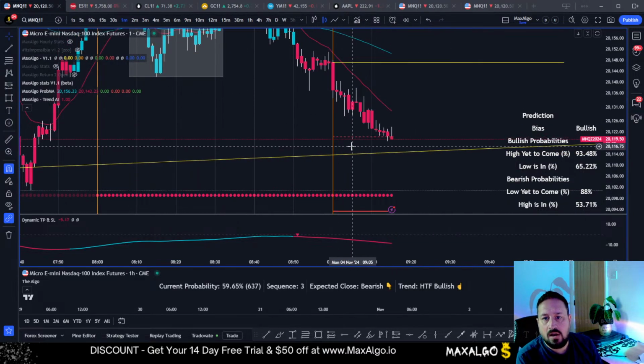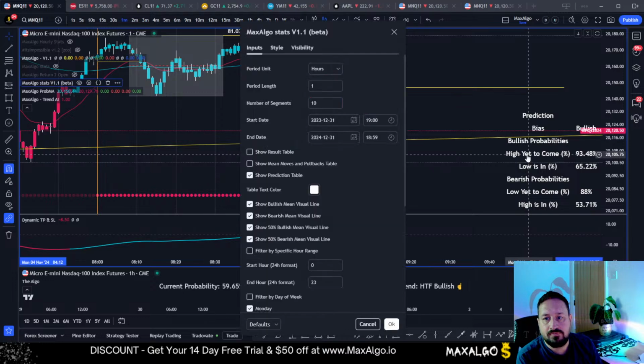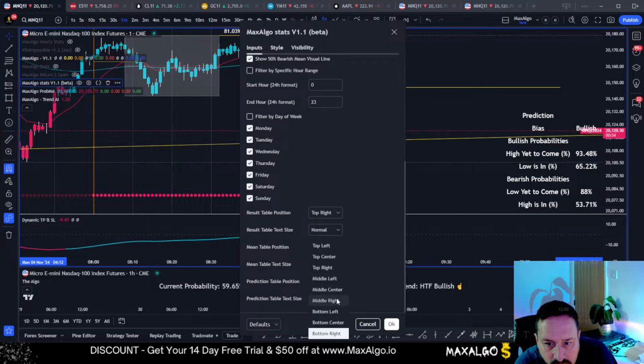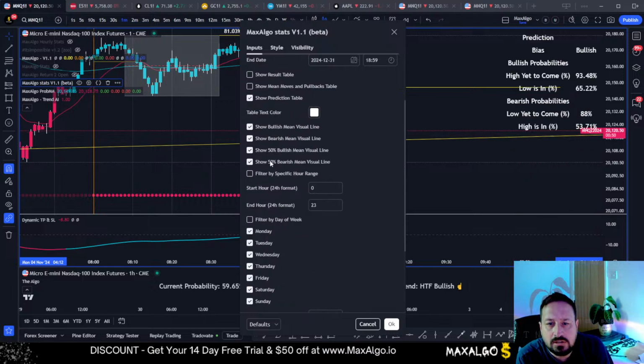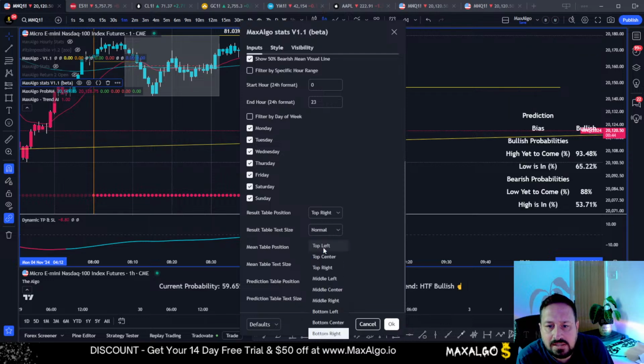So we've hit our predicted low, right? Our 50%. Now we know with the predicted lows that if we put our prediction table in the top right as well, I'll just put that. Bottom right. I mean the mean table, let's put you top right.